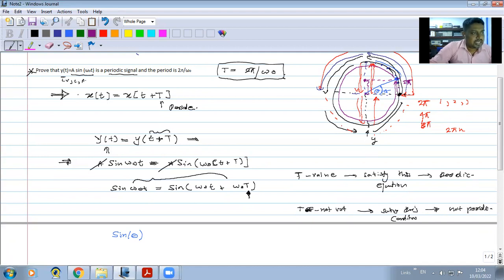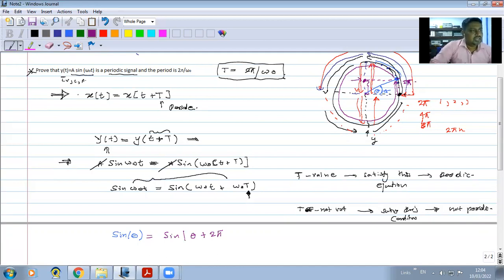So you can see that after traveling 2π, you will get the same value here. And if it is going another round, again you will get the same value. So we can see that sine theta is equal to sine of theta plus 2π. Actually it is not only 2π, it may be 4π, 6π, 8π, anything, no?